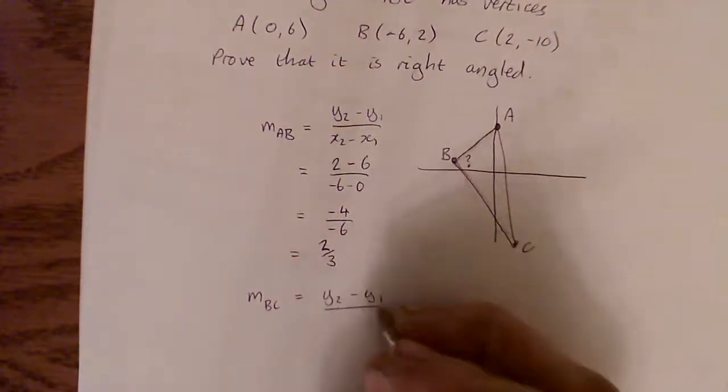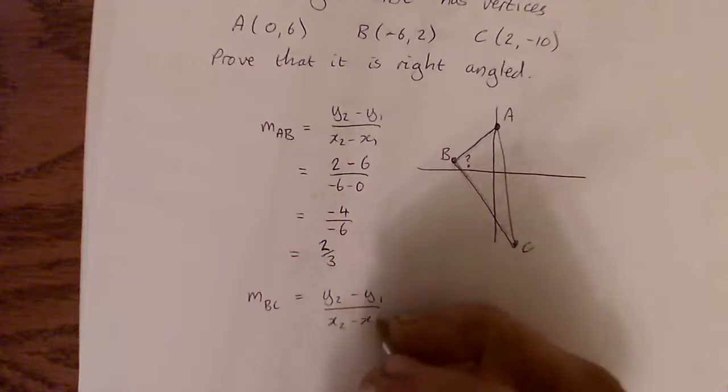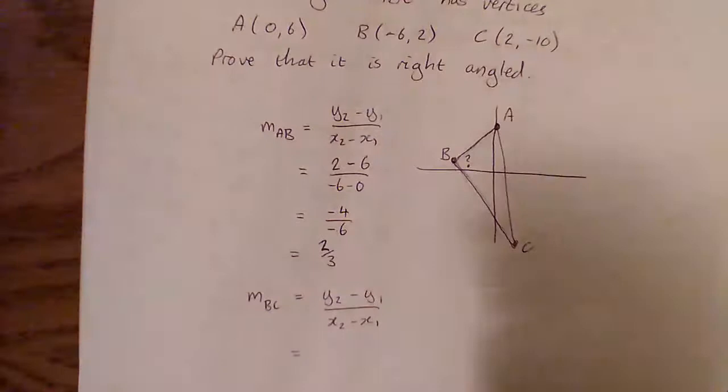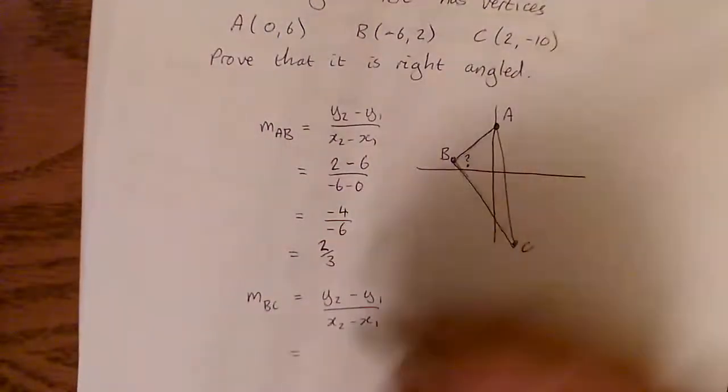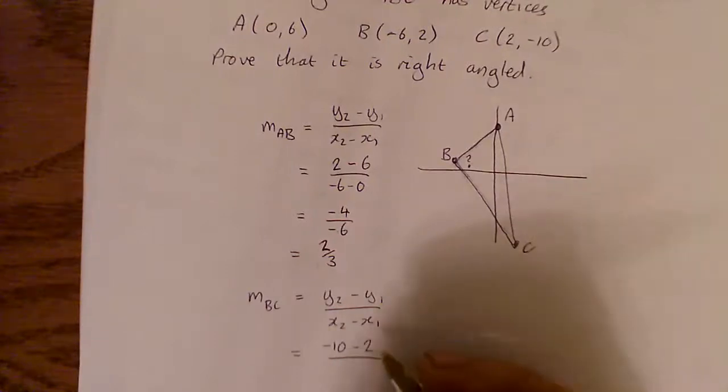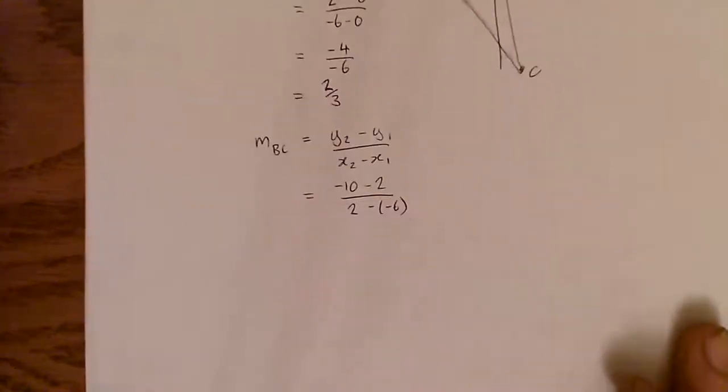y2 minus y1 over x2 minus x1 equals, and now we're putting in our numbers. I've just tried to leave them at the very top here. We've got minus 10 take away 2 over 2 take away minus 6. Now what was that minus?